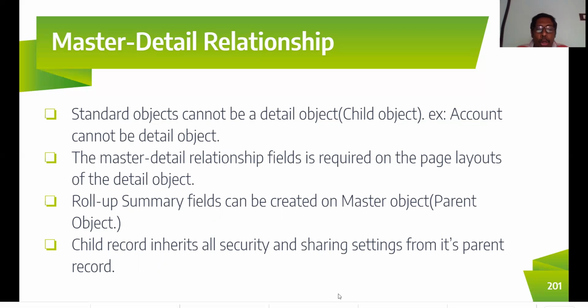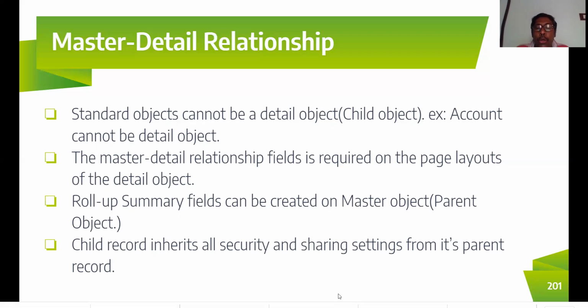Customer is a custom object here, and account is a standard object. The standard object cannot be a child object. The standard object will always act as a parent or master object only. It can be a master object, but cannot be a child object.